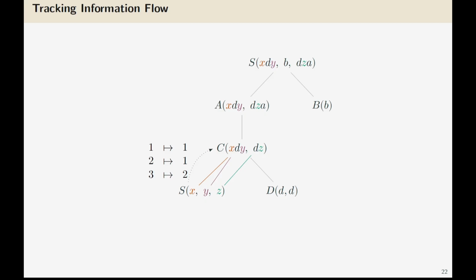This we call an embedding map between the non-terminals. And so we can see, okay, from the S to the C, X and Y both go into the first component, Z goes to the second component. We can continue this up to the A non-terminal and then continue this up to the S non-terminal.